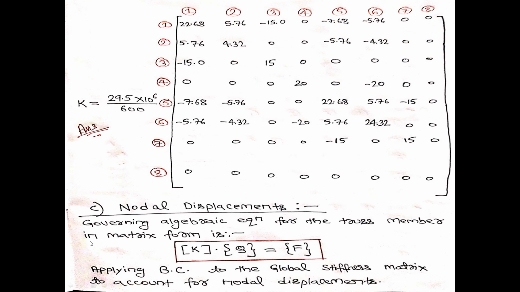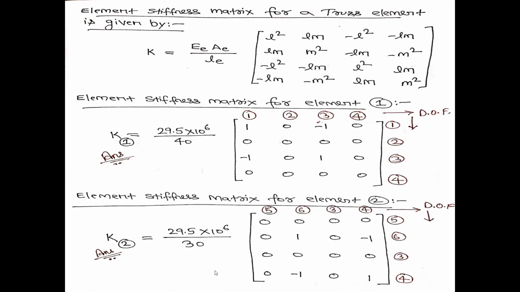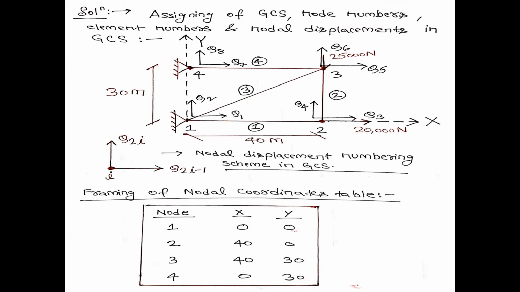Before finding the nodal displacement values, I have to write down the algebraic global equation for this truss element. The entire truss member is composed of several 1D bar elements, and for a 1D bar element the governing algebraic equation is nothing but the spring equation, the restoring force equation.